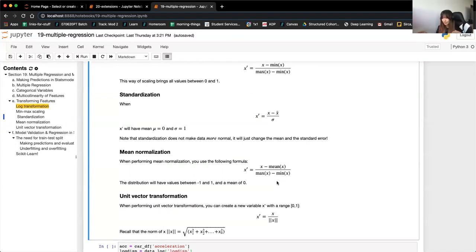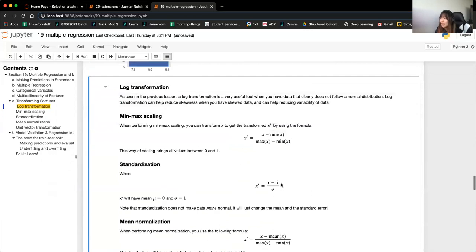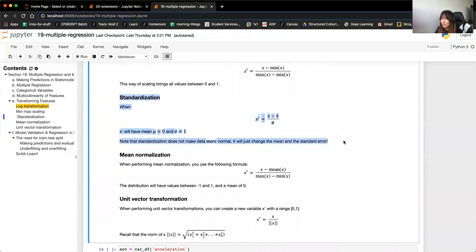The most popular scaling that isn't a log transformation is standardization. What standardization does is very similar to finding a z-score. It is the same formula. It turns any distribution into a distribution that has a mean of 0 and a standard deviation of 1.